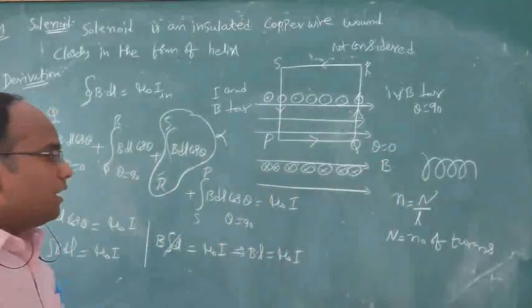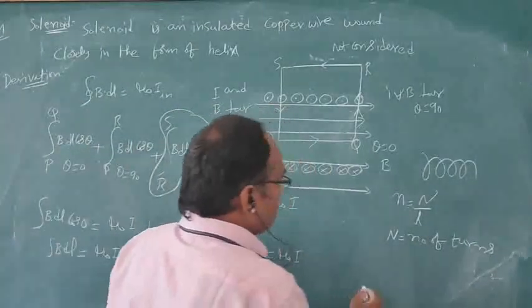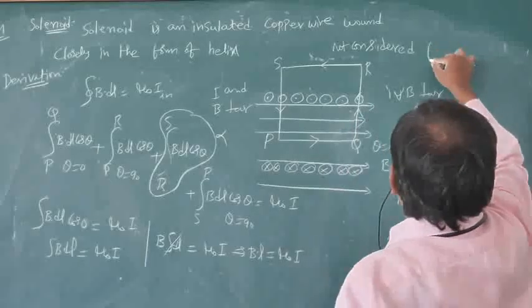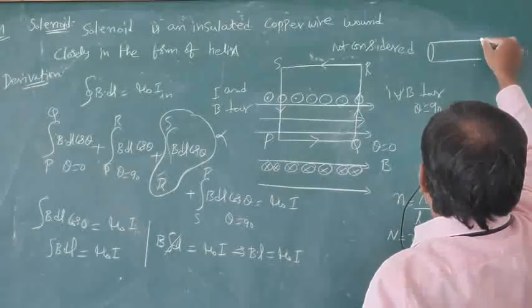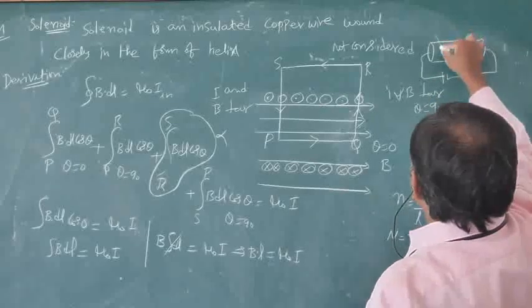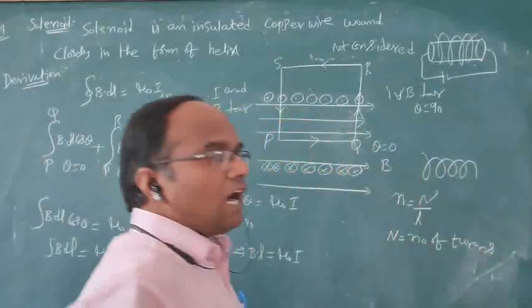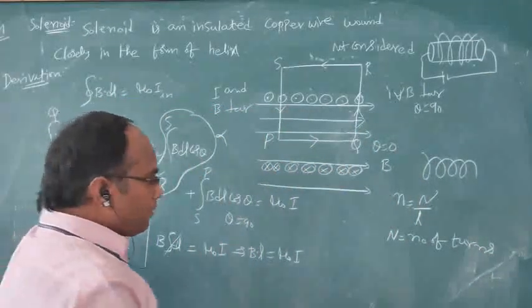So in the figure, I draw an insulated hollow cylinder, and this is the helix. So many number of turns are there.